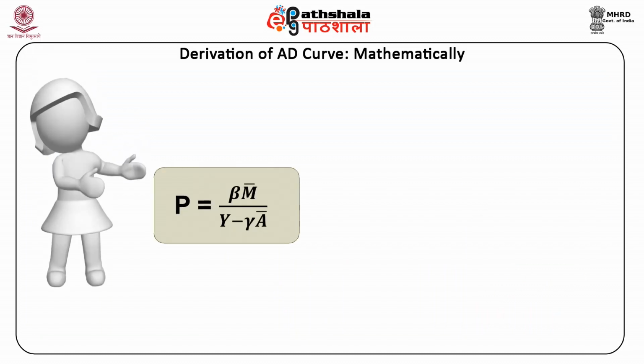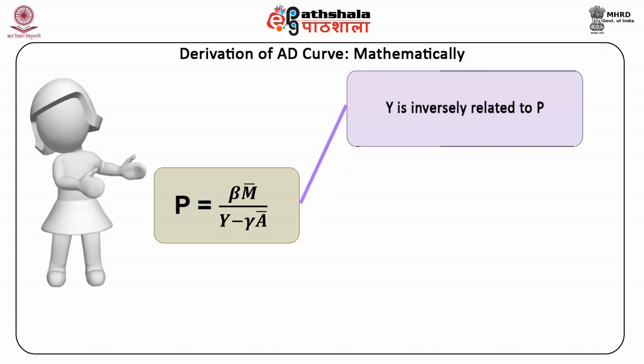Again, we can observe that the equilibrium level of output is inversely related to the price level in the economy, given the autonomous spending and the nominal money stock.